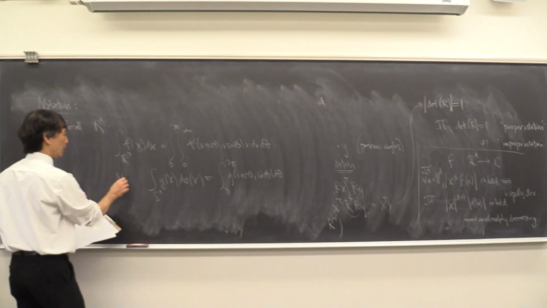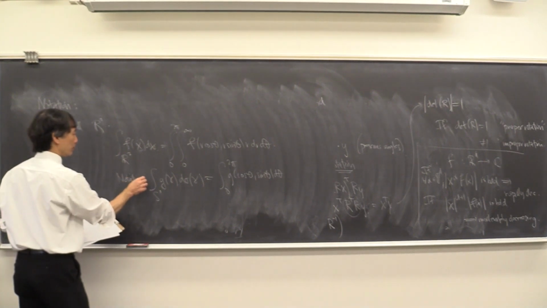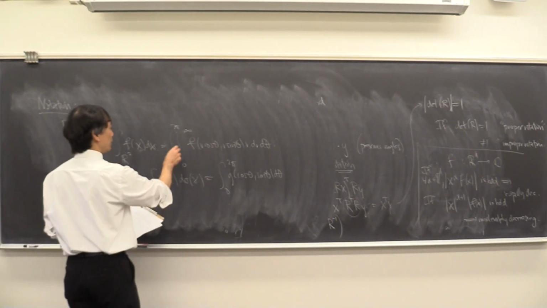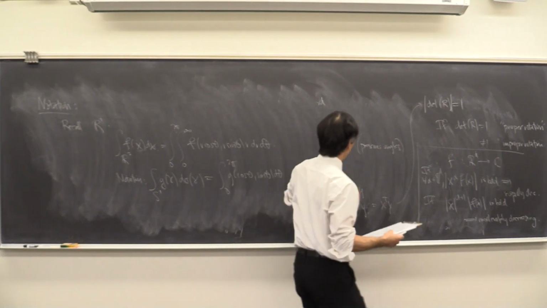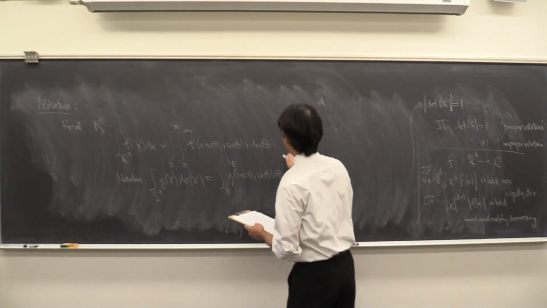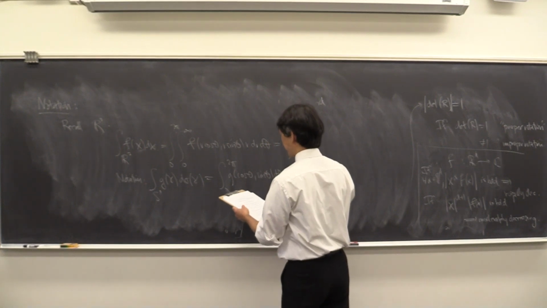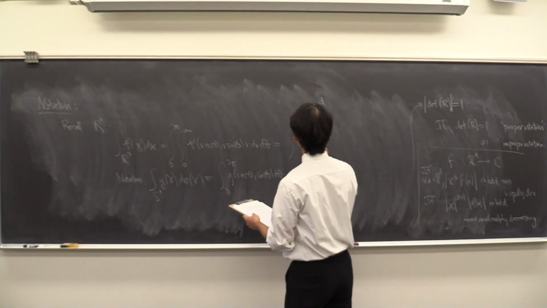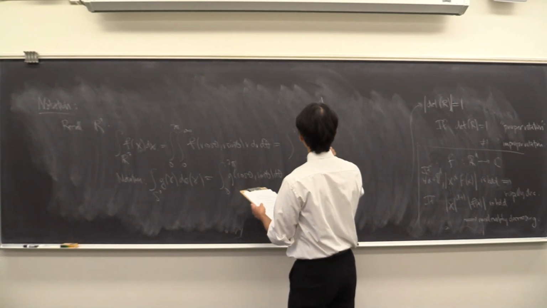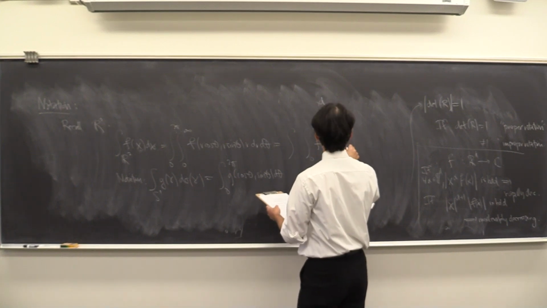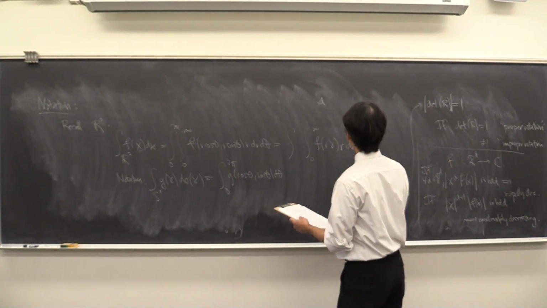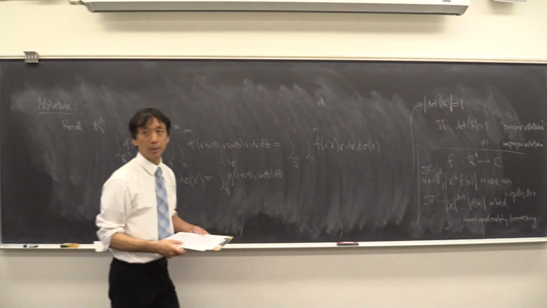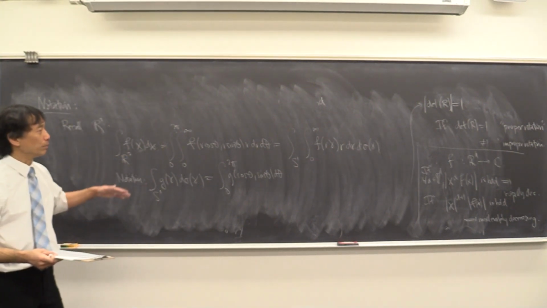So this is sort of just a notation, and in that case you can think of this as the integral of f(r gamma) r dr d sigma(gamma) as gamma ranges over S^1. Okay.